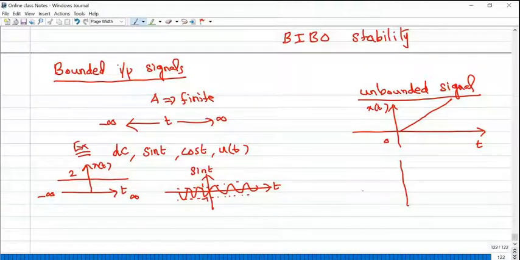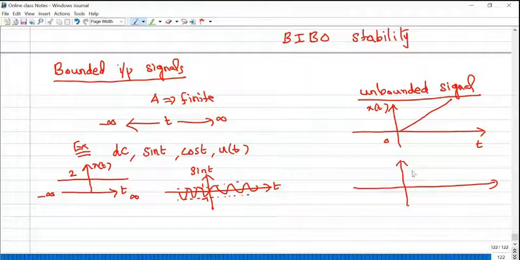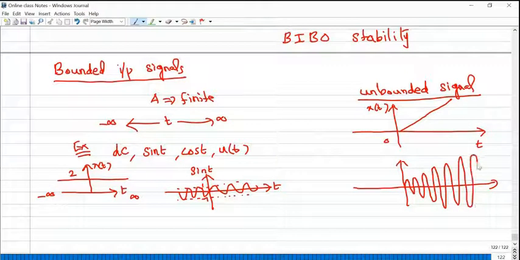Or we can give an example for increasing exponential, like this, and so on. Or real increasing exponential.